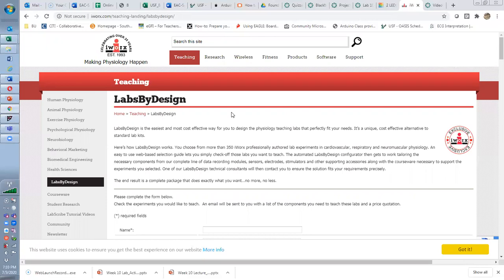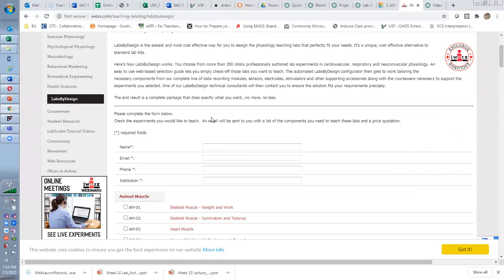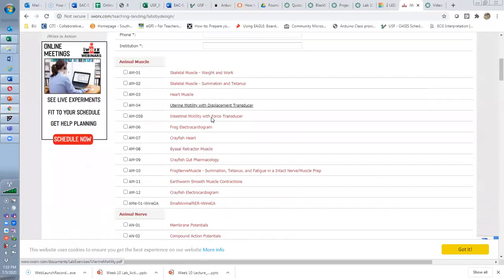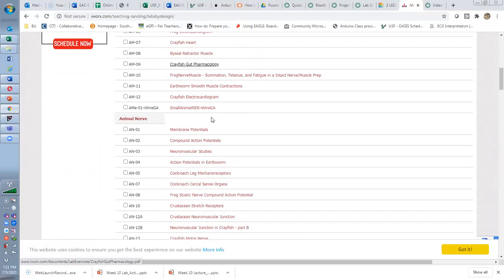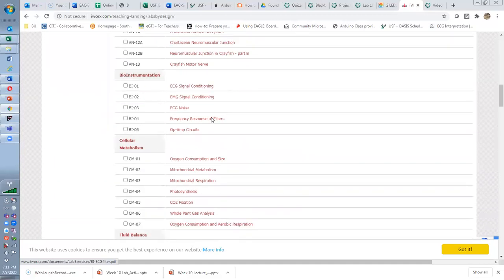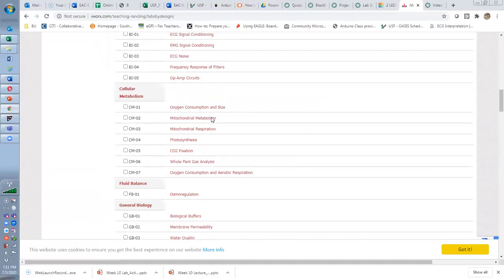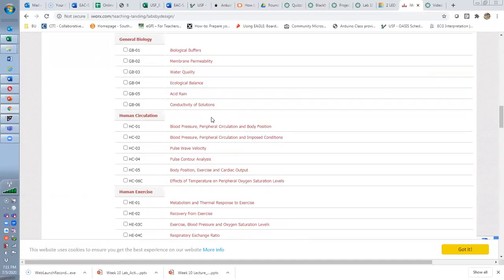With iWorks in particular, I believe there are about 200 lab modules already created with experiments and supporting hardware, such as animal muscle, nerves, EKG, EMG, and heart sounds, a combination of different built-in experiments.